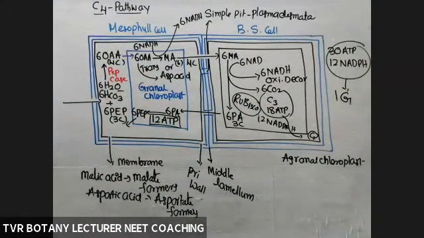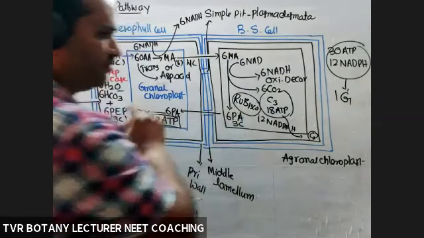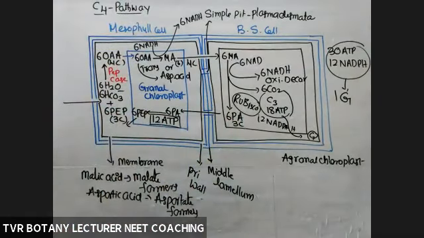Okay, so the most important rate-deciding reaction in the C3 cycle is Rubisco, that is the carboxylation phase. Okay, is it clear? So that is about the mechanism of the C4 pathway. Okay, right? Now, what about photorespiration?